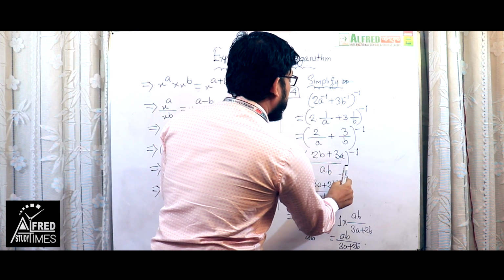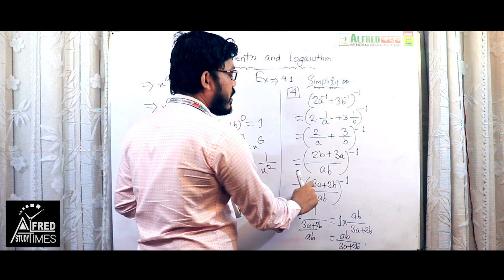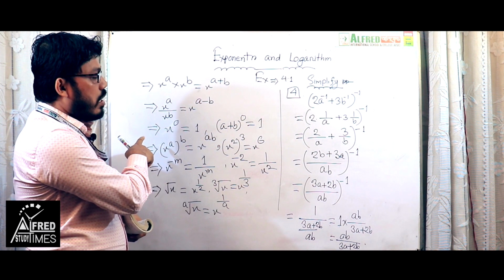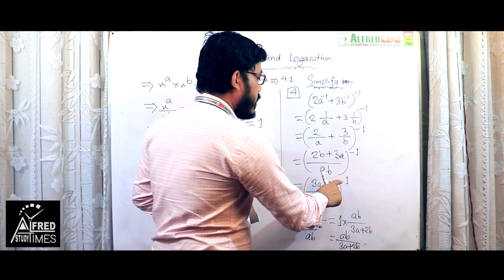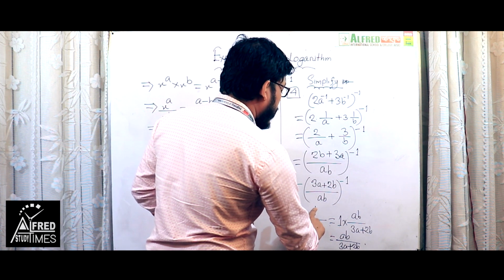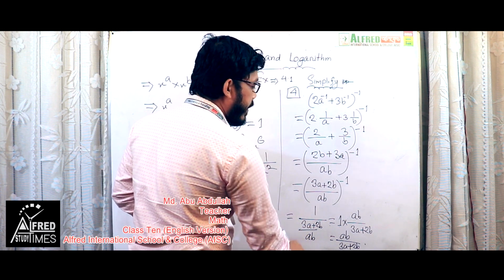There is minus 1 as the power of 3a plus 2b divide ab. From the basic rules we have learned, if there is a minus power, we have to express 1 divide by 3a plus 2b divide ab.